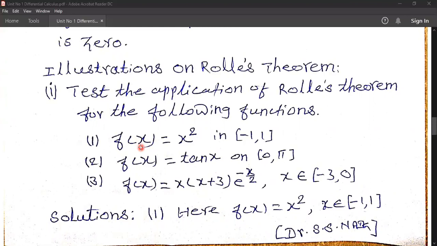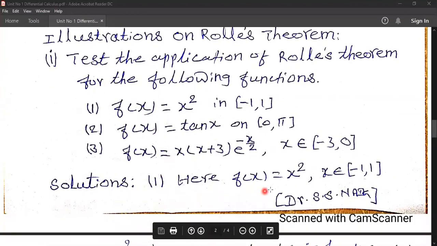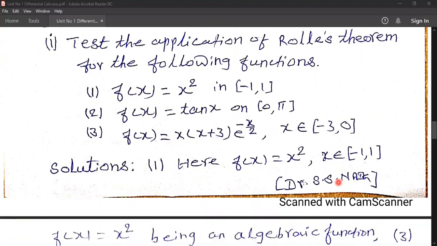Then we'll see step by step how these three conditions are satisfied for these functions or not. The first one: f of x is equal to x squared, where x belongs to the closed interval minus 1, 1.